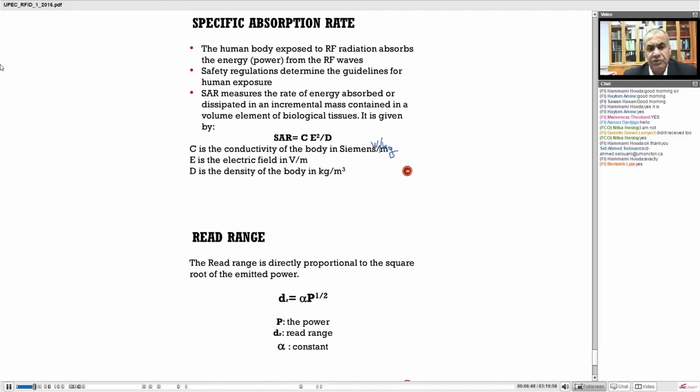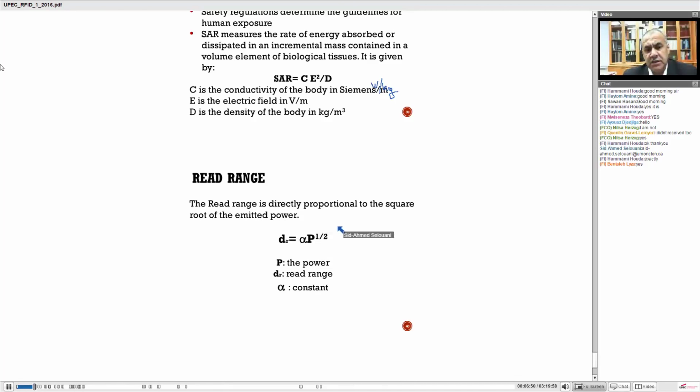Okay, very important: read range. The read range is the distance over which you can communicate information, for example between a tag and the reader antenna. This read range, which is in meters, is directly proportional to the square root of the power, and alpha is a constant.